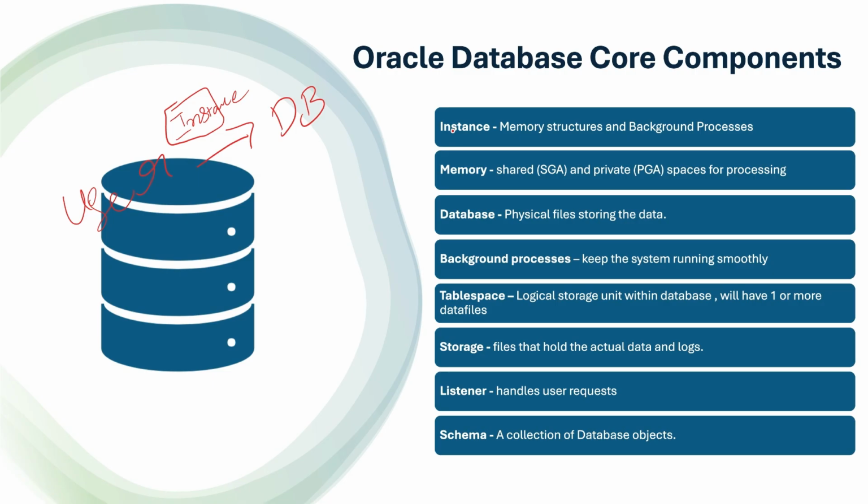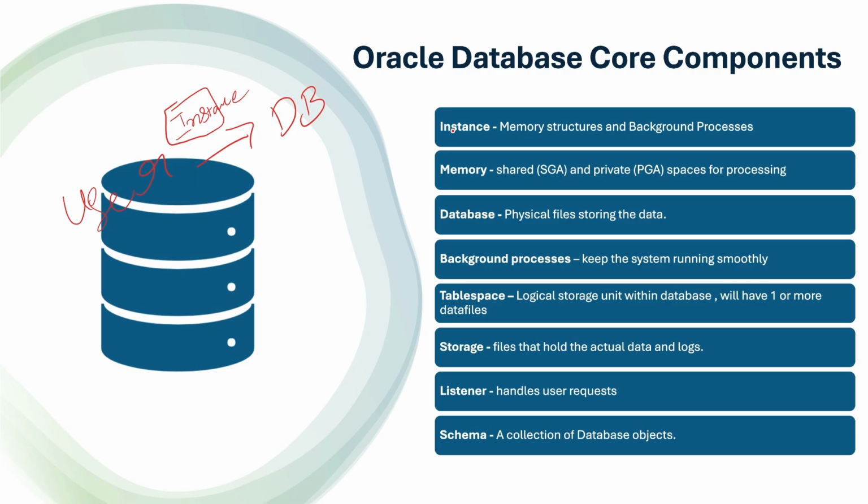The instance is nothing but memory structures and background processes. We'll talk later about what the instance memory structure and background processes contain. For just a basic understanding, the instance is memory structures and background processes.